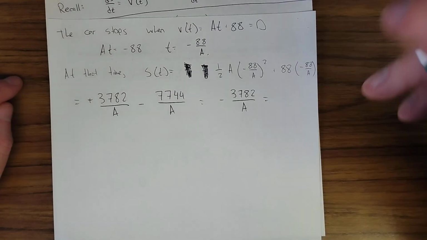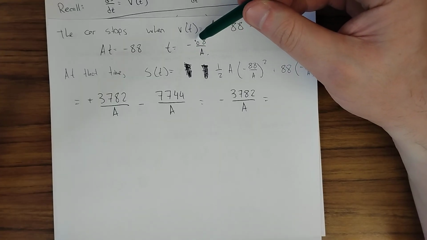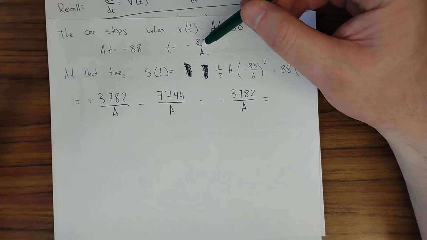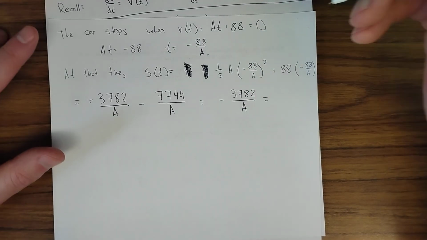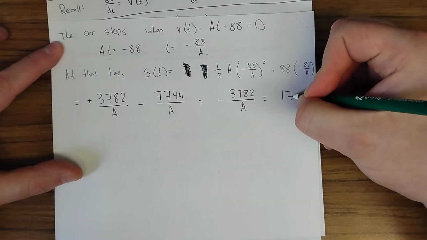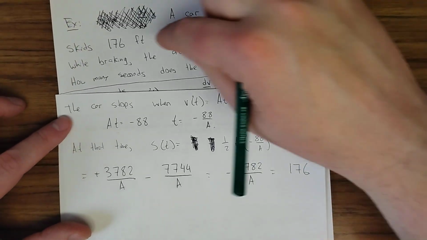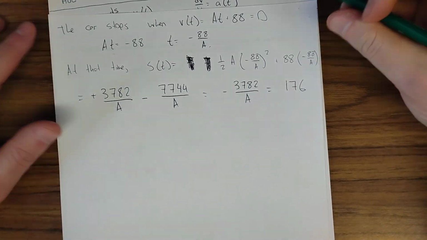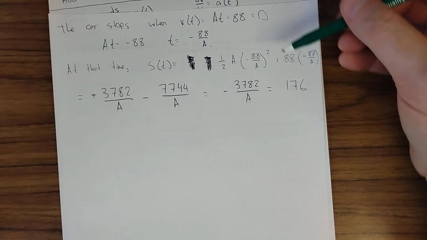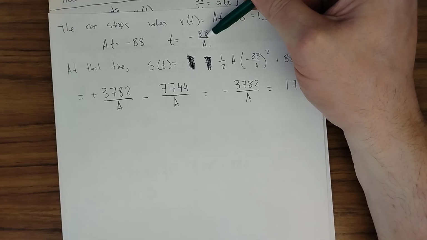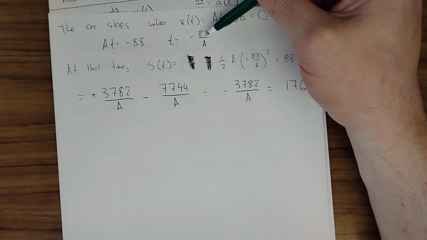We were saying that at the time that the car stops, I plugged it in and we got the position at that time, but we know what that position is supposed to be. We know that's supposed to be 176. That's the distance the car skidded. So this is going to let us solve for a, and then I can plug that value of a in there, and that'll give me a numerical answer for t, and then we'll be done.